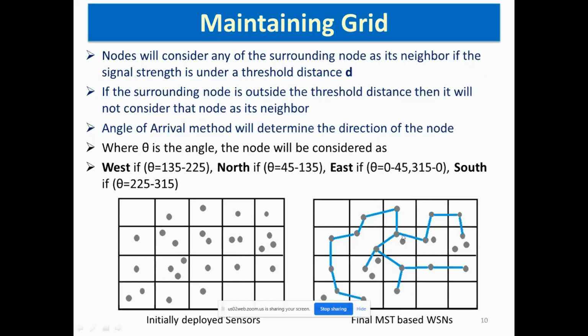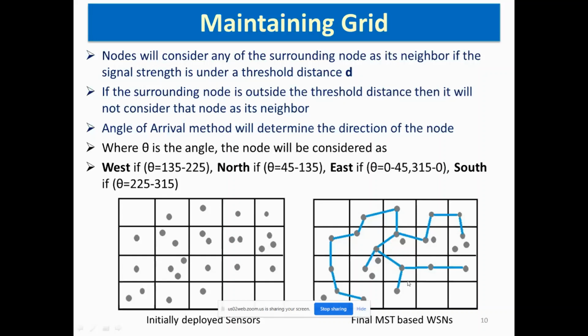One, we will be able to make a grid-like structure so that we can apply the cellular automaton algorithm. And more importantly, as we will see in the upcoming slides, as we are not using redundant nodes while making the tree, it will help us to use a minimum number of nodes at one point in time, and other nodes we can keep in sleep state.